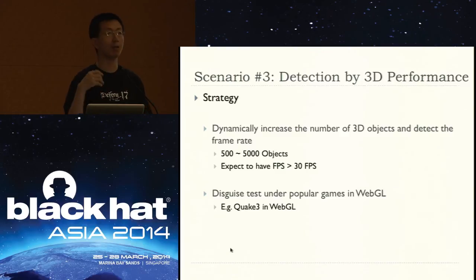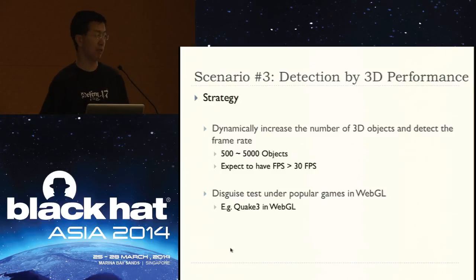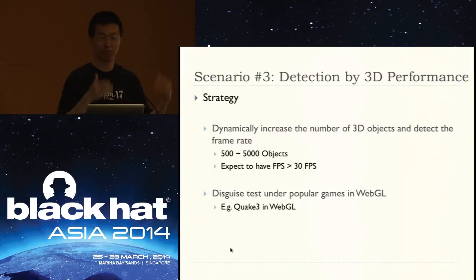Now, if the other side reports back that they can support a few thousand 3D objects and still keep 30 frames per second, we can be pretty sure that it is a physical host running all this.